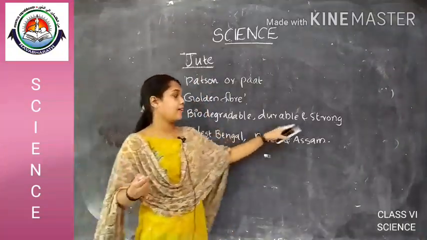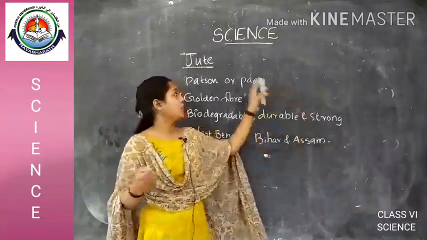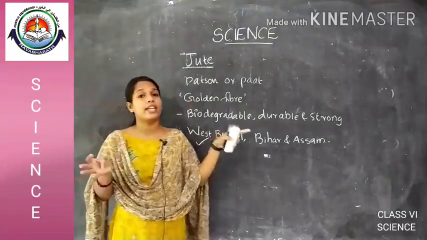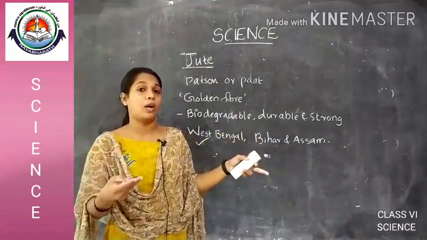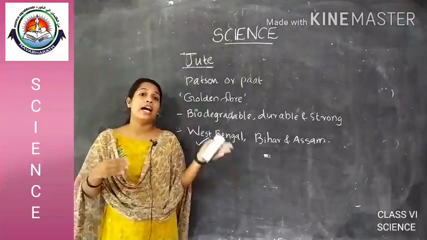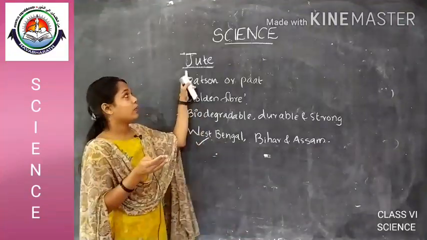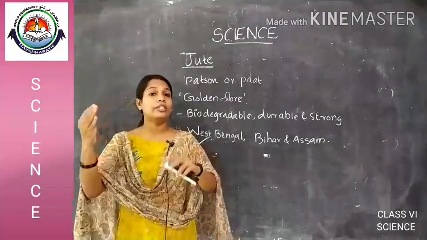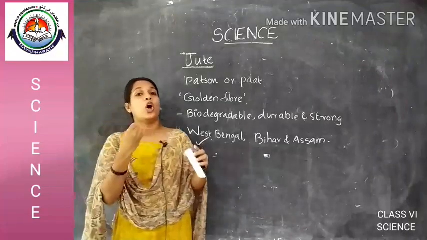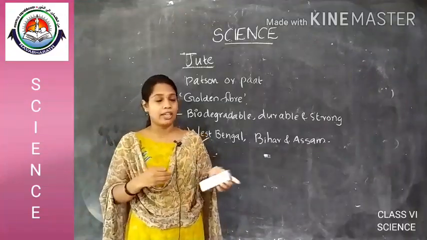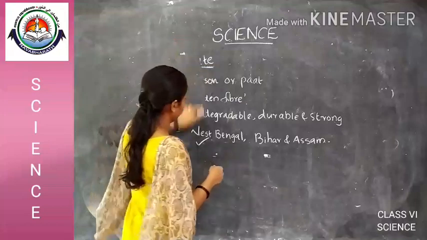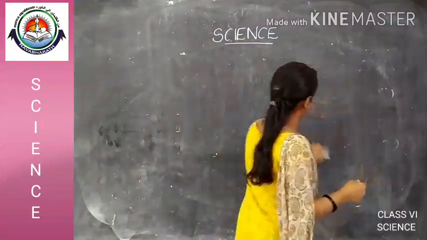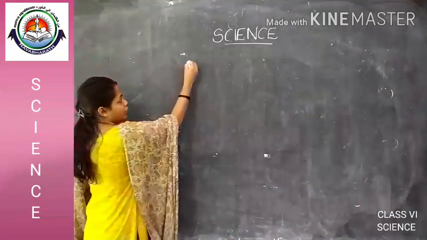In Assam and Bihar, the low-lying areas around the river side of Ganga and Brahmaputra are the places in which jute is cultivated. Now we can see how jute is cultivated and how we obtain jute fibers. So we can study the cultivation of jute.